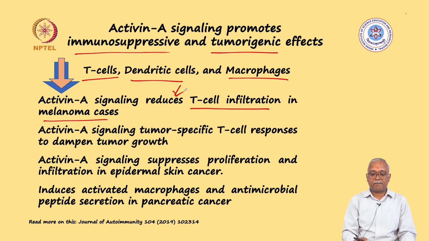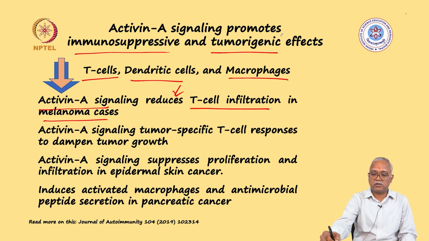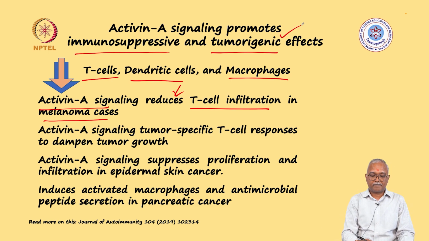So basically they are promoting tumor formation, expansion and growth, because this T cell would have had oncolytic activity to ensure that the tumor does not grow further, but this infiltration is reduced, so activin signaling is adding towards the tumorigenesis process.